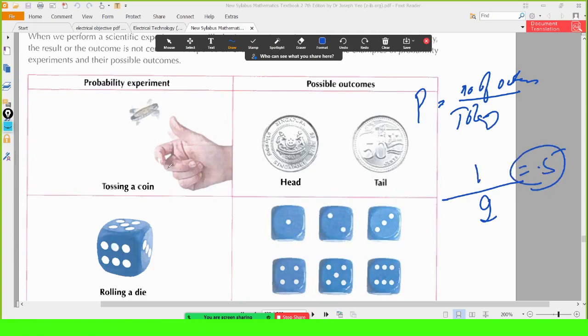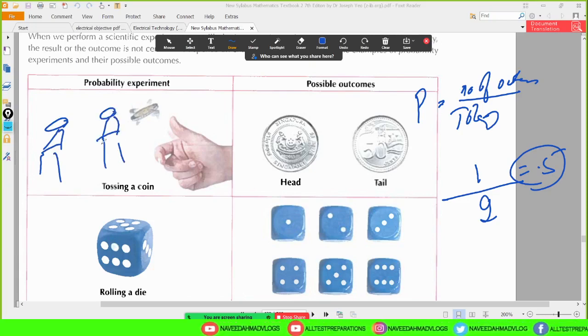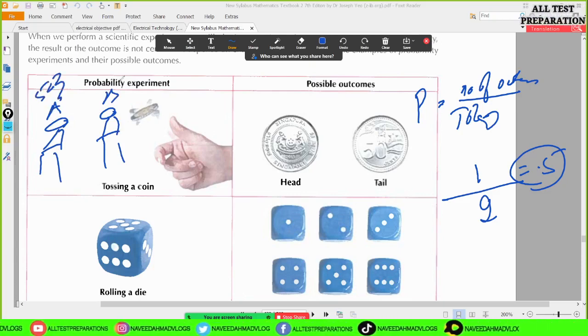If you throw this coin, then the chances will be 50-50%, okay. If you toss a coin between A and B, then the chance for A will be 50% and the chance for B will be 50%, okay.